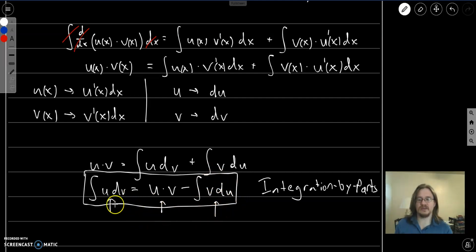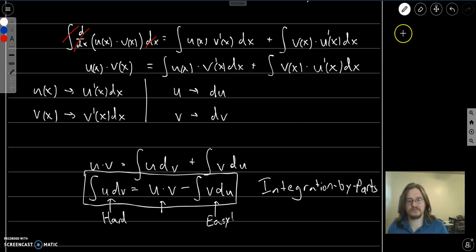But the hope is that we take a hard antiderivative and turn it into an easy one. So our goal when doing integration by parts is to take something that's hard that we can't really do by itself and turn it into an easier integral.